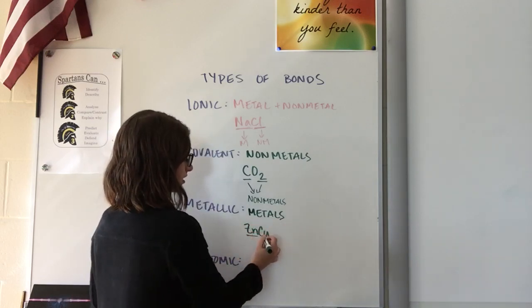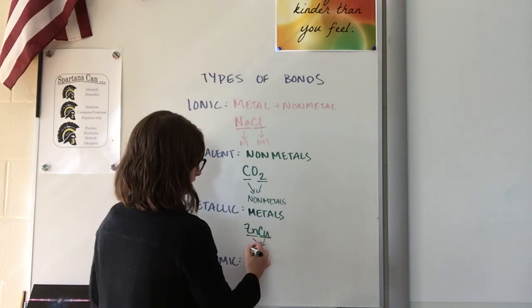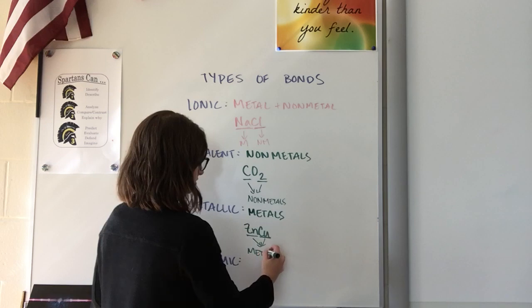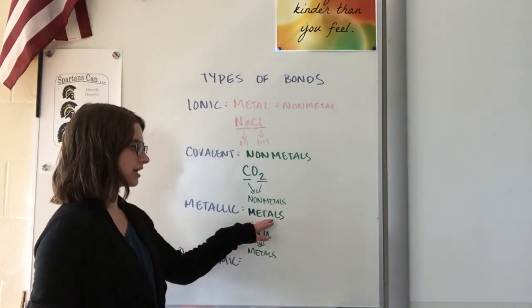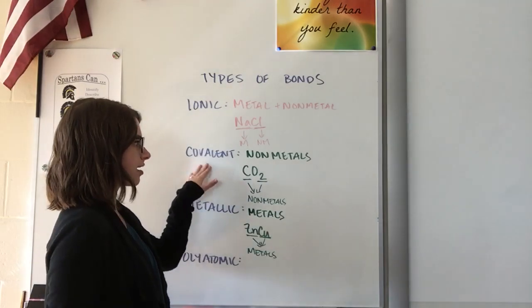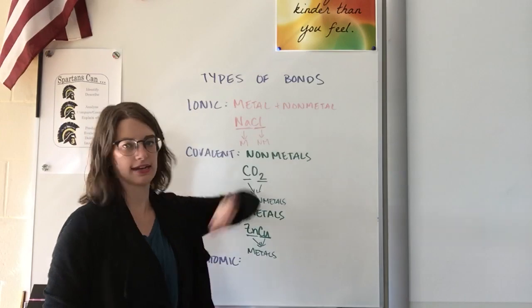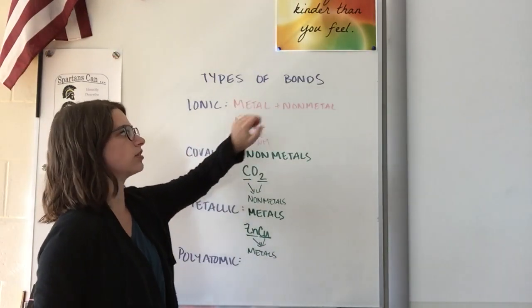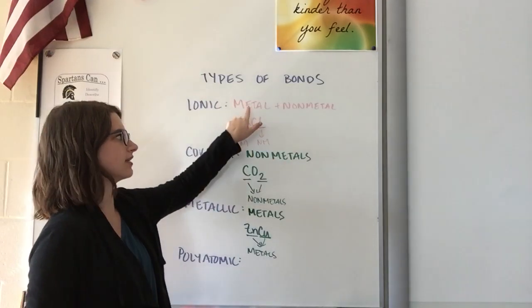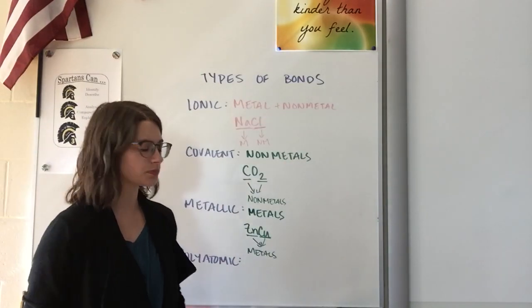Since both zinc and copper are metals, that makes this a metallic compound. So metallic compounds have just metals, covalent compounds have just nonmetals, ionic compounds have a metal and a nonmetal, at least one metal and nonmetal. It can have multiple metals, it can have multiple nonmetals, but it has to have at least one metal, at least one nonmetal to be an ionic compound.